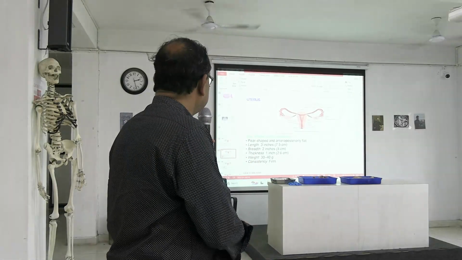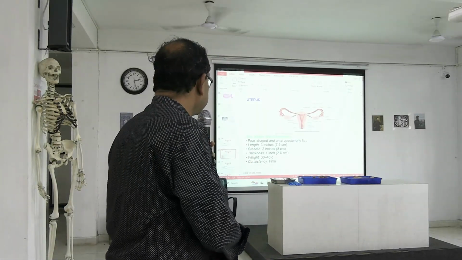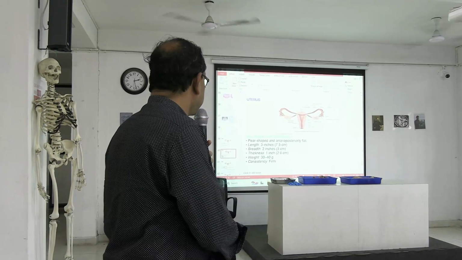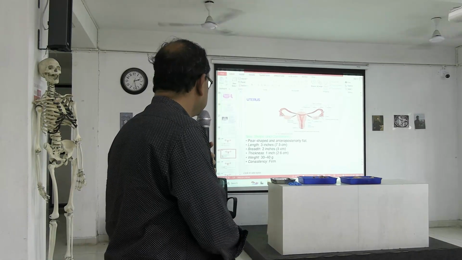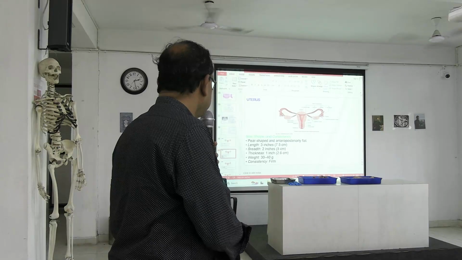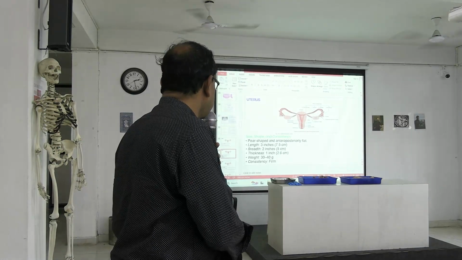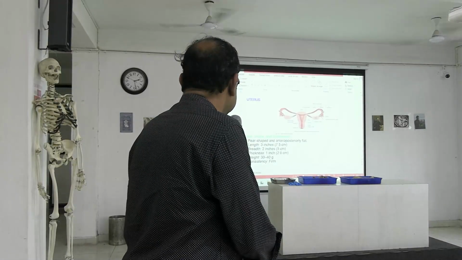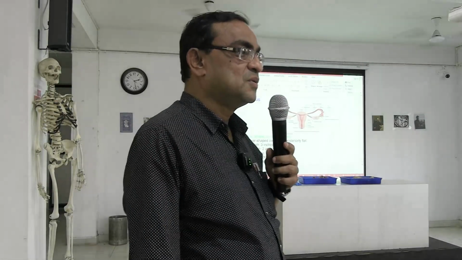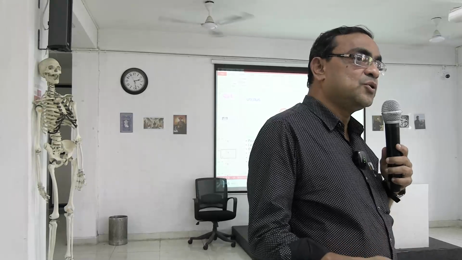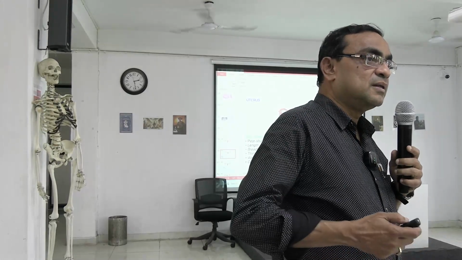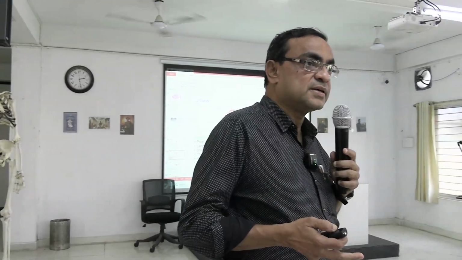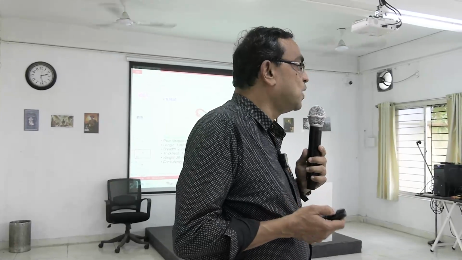Now, total length, from the fundus to the cervix, you can see it is around 3 inches, whereas the cervix is around 1 inch. So the ratio between the uterus and the cervix is 2:1.